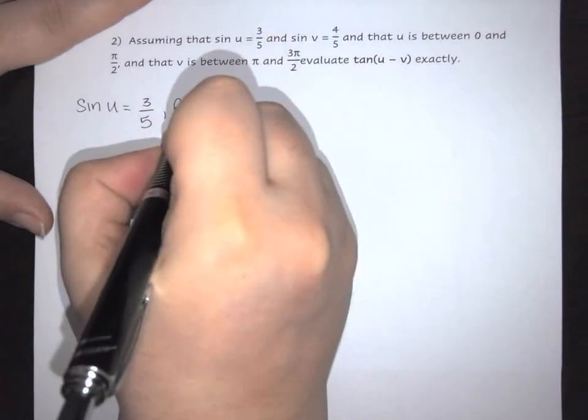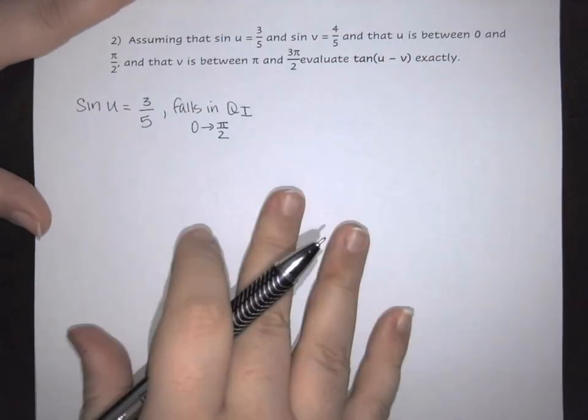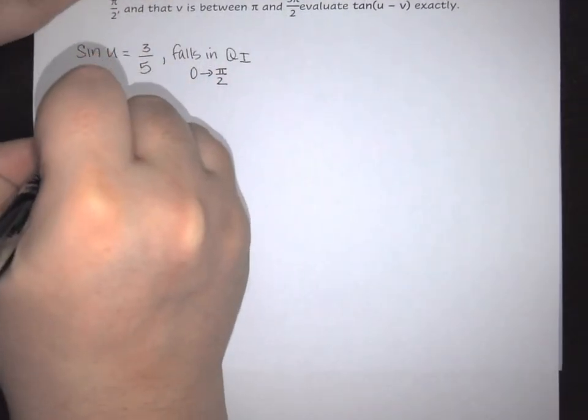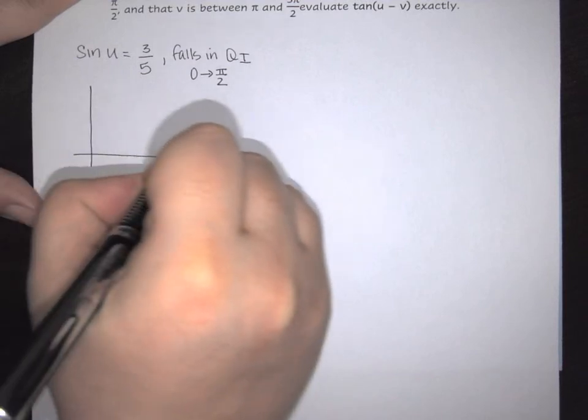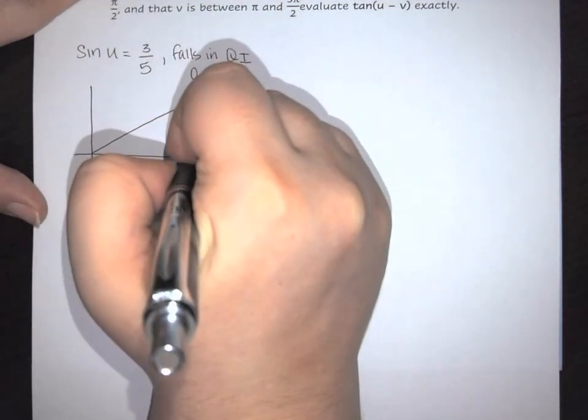Why? Because it's between 0 and pi over 2. So I want to draw that triangle and input our little triangle here.